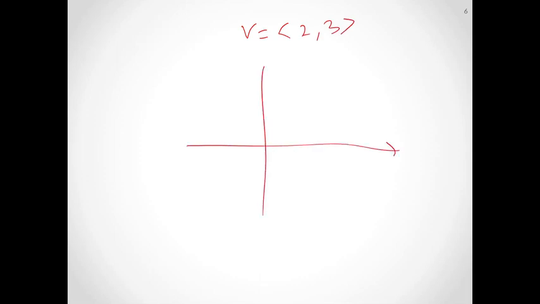From now on, we will assume that when we give you a vector, (A, B) or (2, 3), you have to think of it as the vector starting at (0, 0) and ending at (2, 3). You have to think of the vector as placed at the origin of the Cartesian coordinate system.